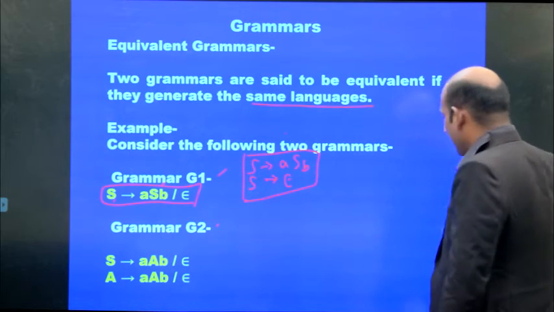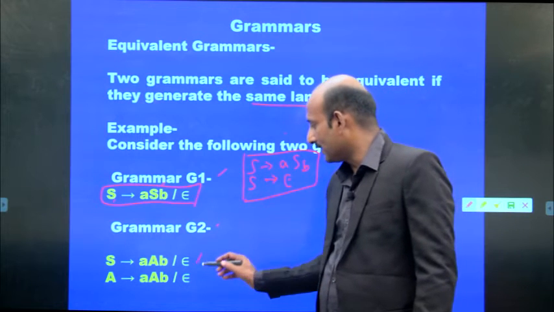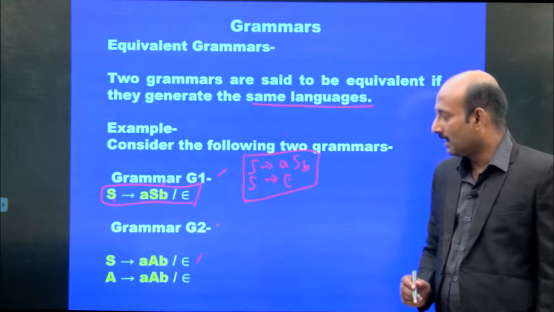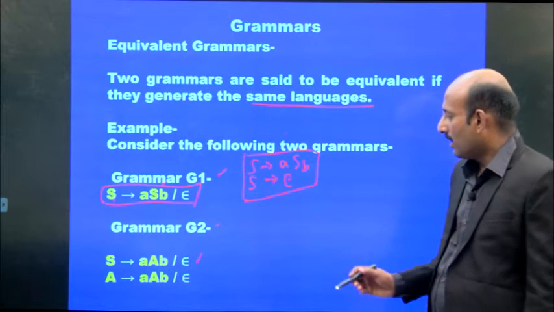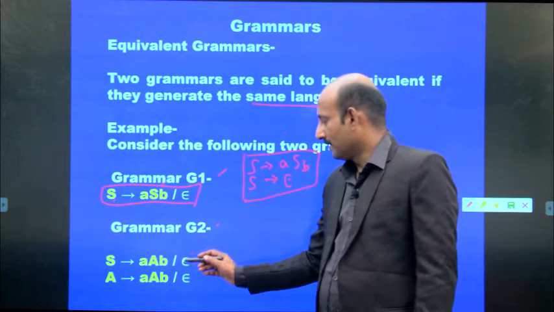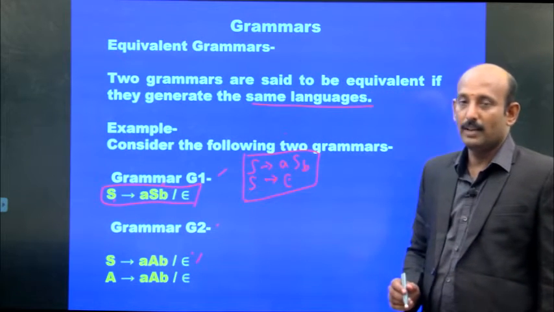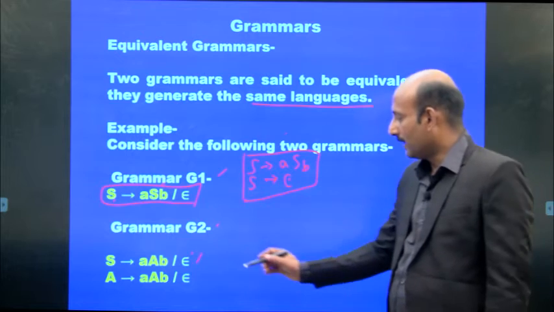Similarly, for the second grammar, S implies capital A, B or epsilon. Likewise, A implies small a, capital A, B or epsilon.